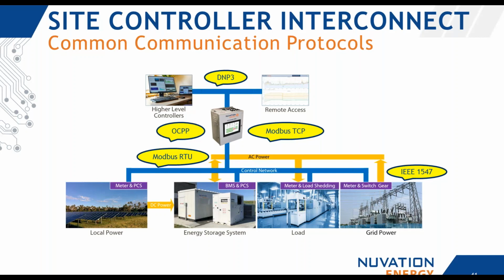IEEE 1547 is often used in switchgear and grid power related equipment. So controllers can often need to interface with these and may have many other protocols they have to deal with for higher level control systems, depending on the application.